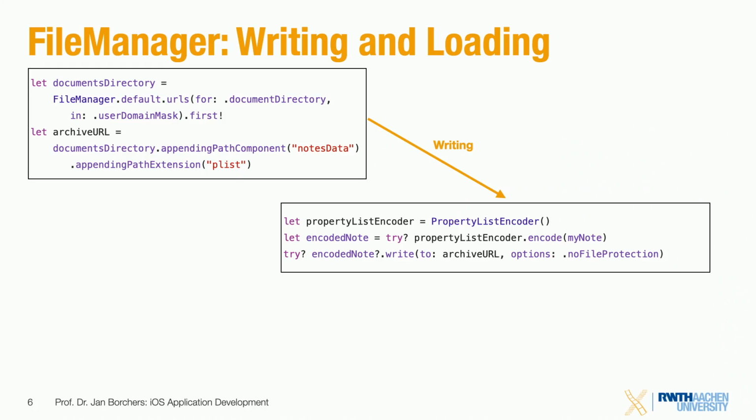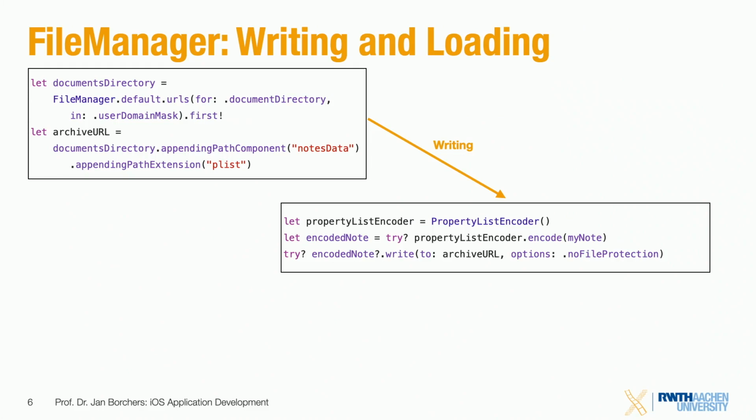You'll take your node, you encode it, and once you're done with that, the encoded node actually supports write. Like I said, this data type here actually supports writing and reading from and to files. So we write to this URL, and there's a couple options you can use when you issue a write statement, like don't use any particular file protection for this, like a read protection, for example. Sorry, a write protection.